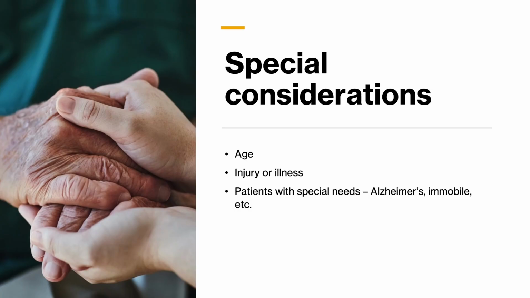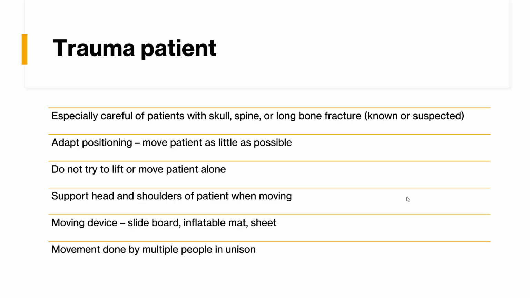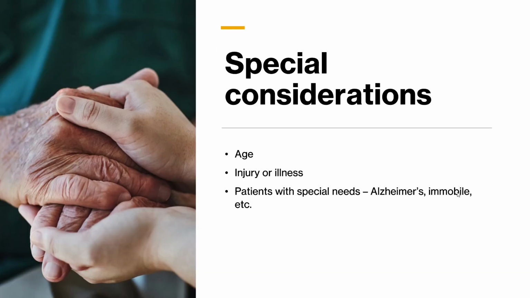So making sure that you have something within the actual room that they can hold on to, or something along those lines, or if it's something that you can modify into a seated position so that they feel a little bit more comfortable, then that can be done as well. Kind of similar to that with injury or illness, and we already kind of talked about patients who are younger and how you might explain what an x-ray is and what they should expect. And we'll talk about patients who are immobile later in the semester.